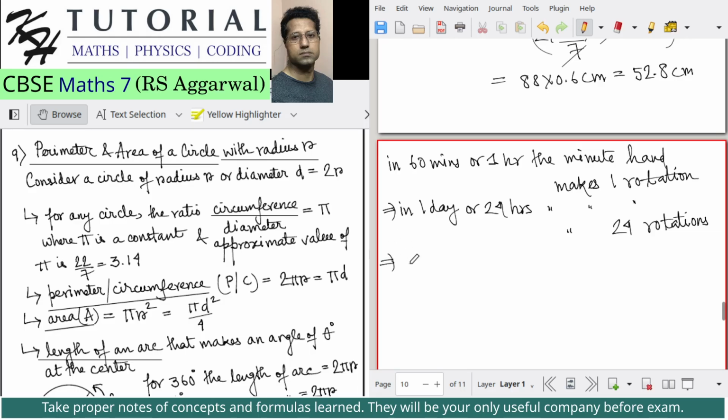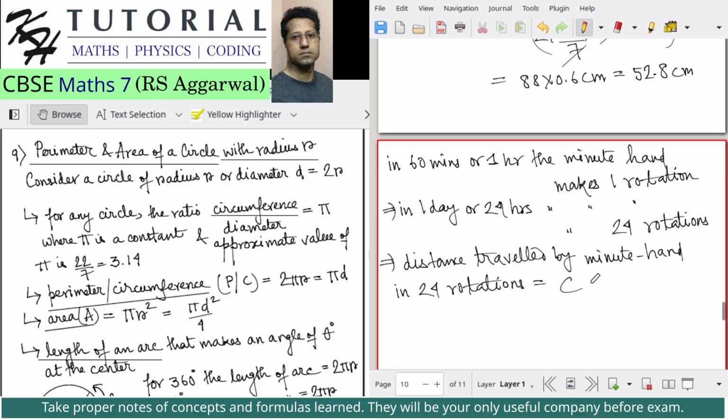So this implies the distance traveled by the minute hand in one day, that is the distance traveled by the minute hand in 24 rotations, will be equal to C capital R multiplied by 24. C capital R is the circumference of the circle that is formed when the minute hand is rotating.